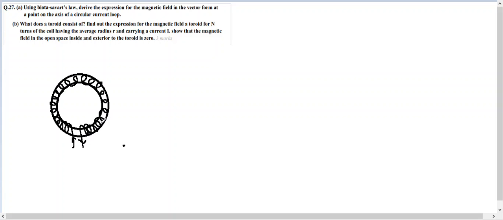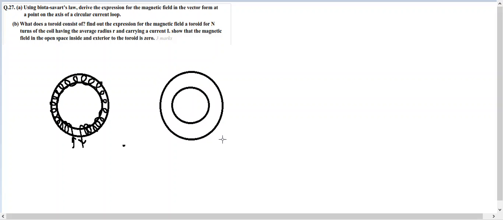So the magnetic field at a point is given by the tangent to the magnetic field line at any point. Now again, to have this derivation, let us consider a toroid. Let's say we have to find the magnetic field at a point inside it.